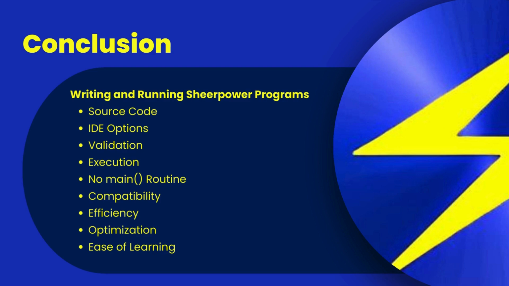Sheerpower optimizes your programming time by reducing debugging time and enhancing the programming experience. Ease of learning. The syntax is similar to PHP and Python, making it easier to learn for both experts and beginners. Debugging is quick and efficient with instant compiles, error reporting, and built-in code profiling. By utilizing these features, you can enhance your productivity and enjoy a more streamlined programming process with Sheerpower.